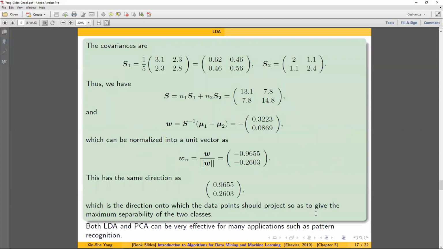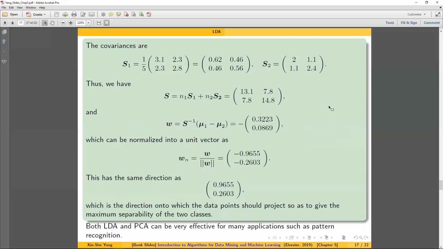Then we can calculate the covariance. Covariance would be the same thing as xi minus mu, and that's the way you calculate the variance. So S1 is in this matrix form, S2 is in that matrix form.